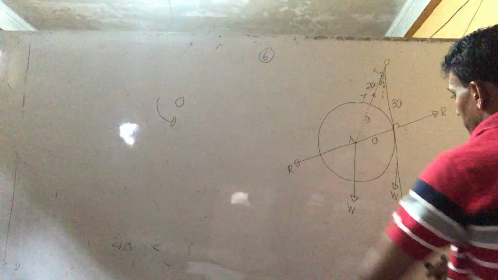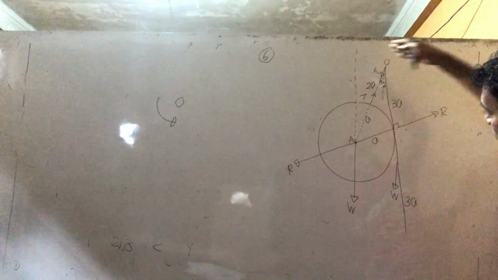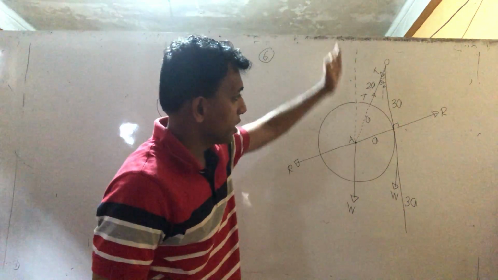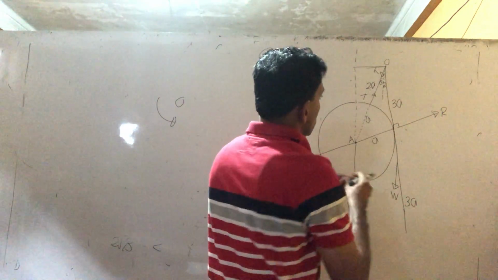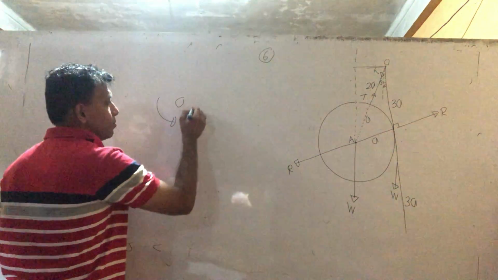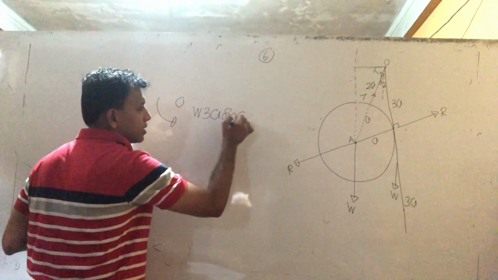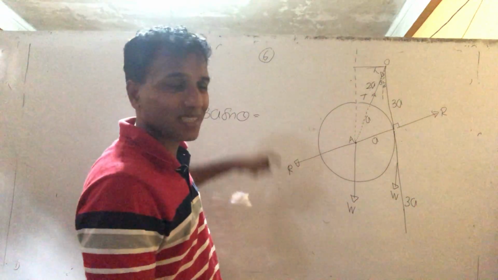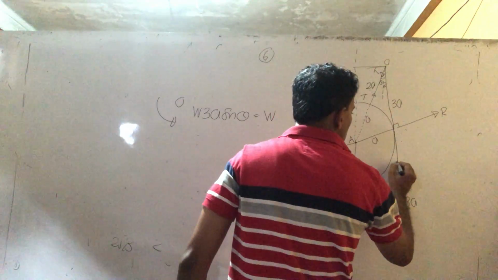How is that? The vertical W line, this one W, and its line of action, W line of action, and what is here 3A cos theta, so sin theta, right? W 3A sin theta equal, this side moment equal that side moment, otherwise put minus W into the vertical line of action.